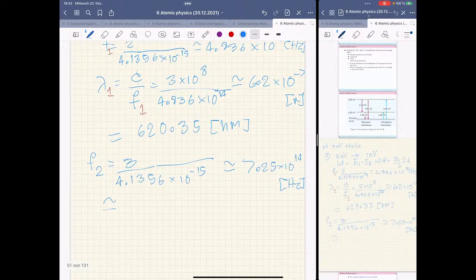The next one is lambda 2, which will be c by f2.